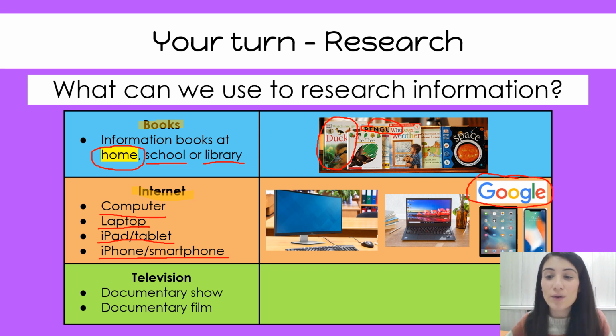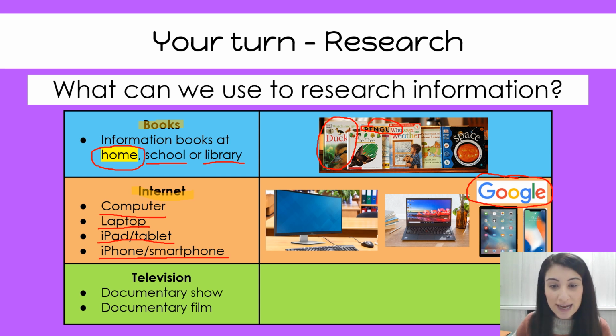So your parents or your older brothers or sisters might be able to show you how to get to Google and how to research something on Google. So for example, if you have chosen to research koalas, you would go to Google first and then you would type in the word koalas. So then you can find some information about koalas.